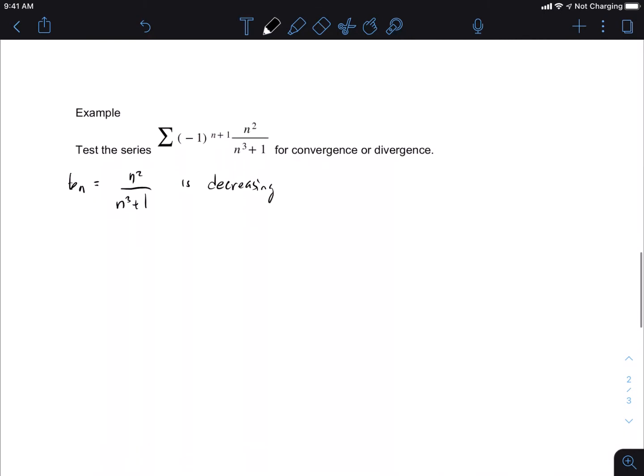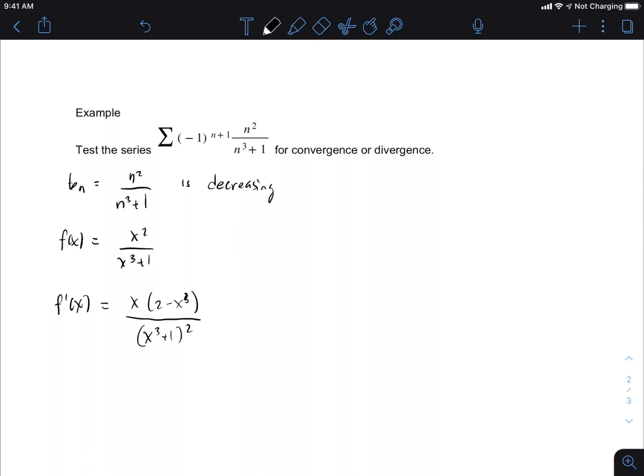So we're going to look at this in terms of a related function. Let's look at it as a function of x squared over x cubed plus 1, and then let's take the derivative of that to see what happens. We should get x times 2 minus x cubed, over x cubed plus 1, that quantity squared, and that's by the quotient rule, right?